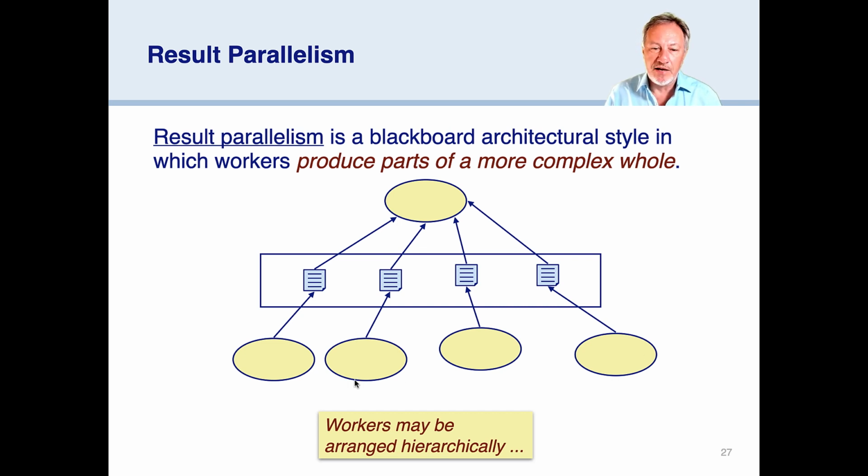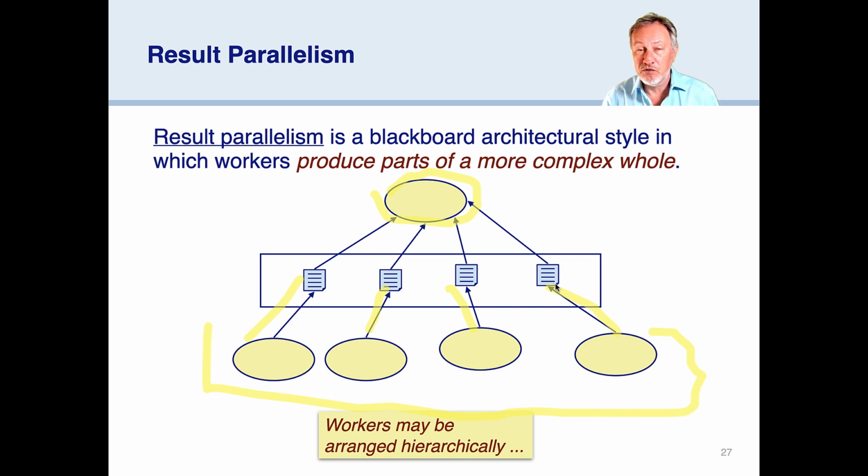We see this visualized here. We have a bunch of workers here at the bottom, and each of these workers is posting partially completed work onto the Blackboard. Now we have another agent up here who's looking for these bits and pieces, and when it finds them, combines them to produce some other result.